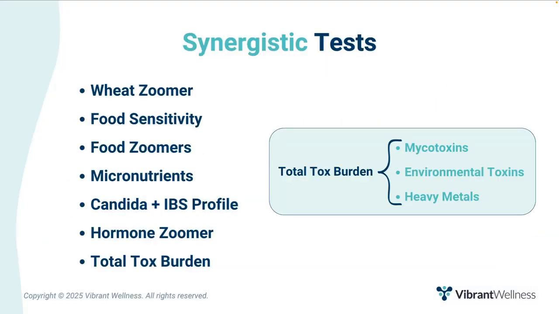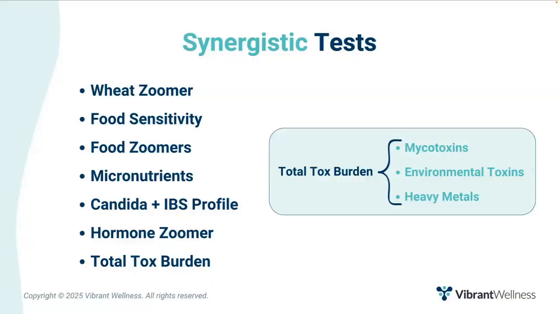In addition to Gut Zoomer testing, consider the Wheat Zoomer to investigate serological markers of gluten and wheat sensitivity, along with intestinal hyperpermeability. Also, the Food Sensitivity and Food Zoomers, as intestinal permeability can increase the risk of food sensitivity development. Additionally, gut inflammation correlates with a higher incidence of food sensitivities.